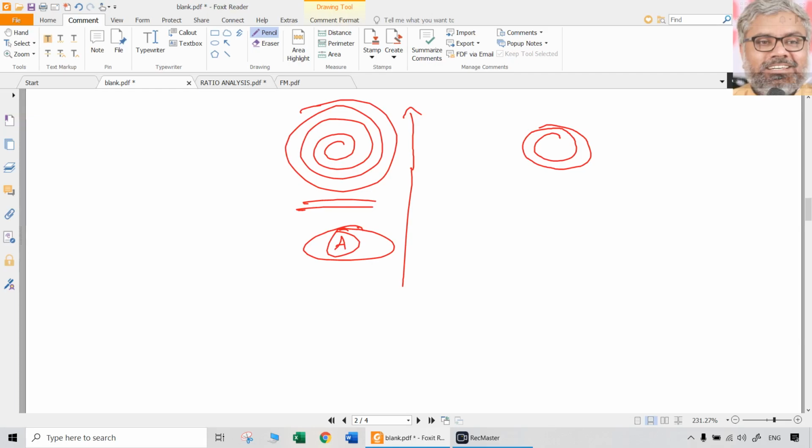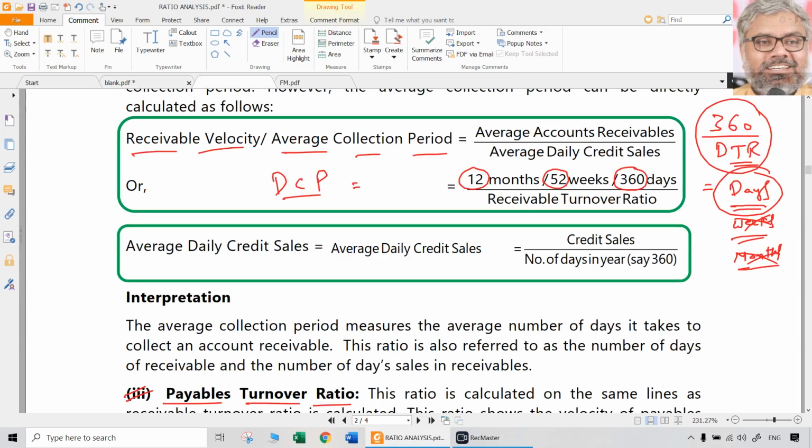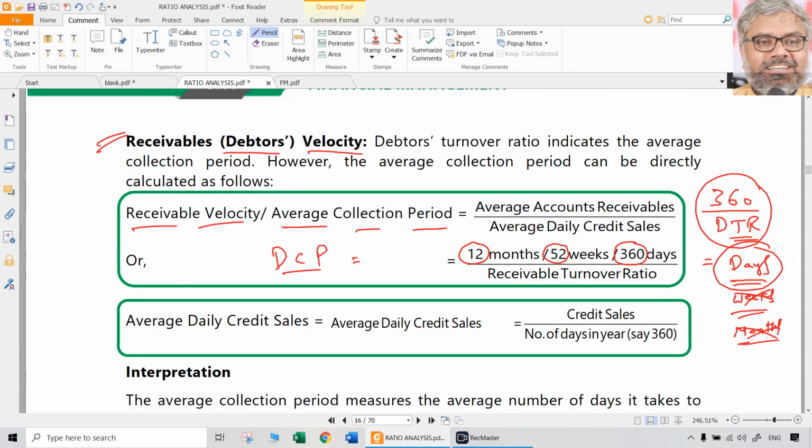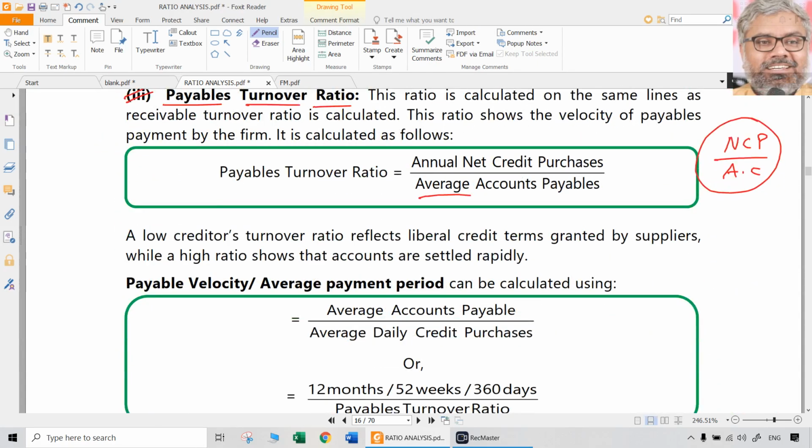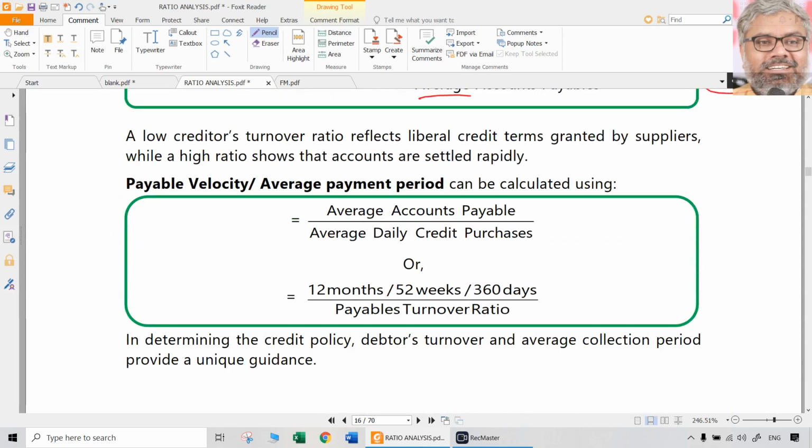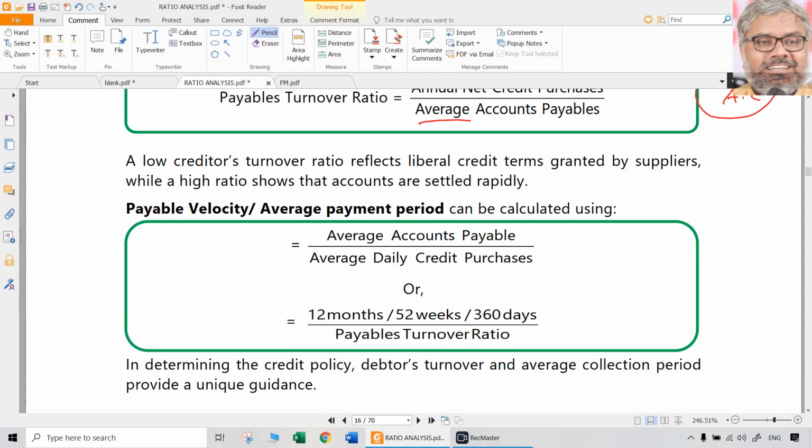Whereas in case of payables turnover ratio, this is a liability. So that is why you don't want to have many turnovers. Again, theoretically speaking, in all the other cases you want more turnover. Payables turnover ratio, we want to have lesser turnover.